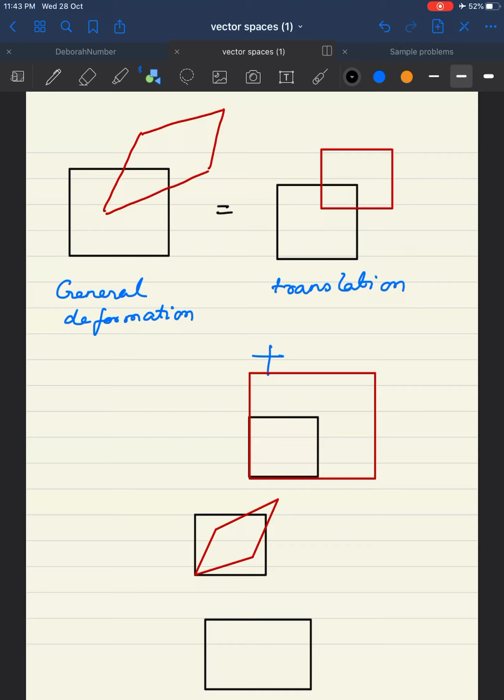And the final one is simply rigid body rotation. Okay, I am running out of space here.